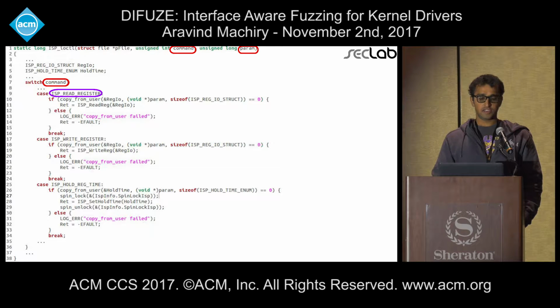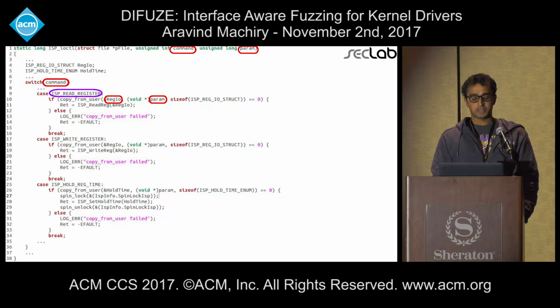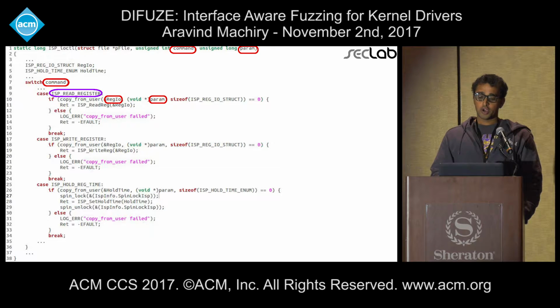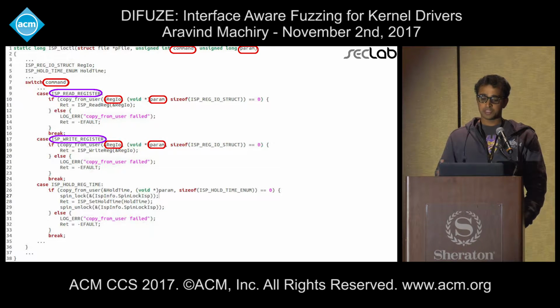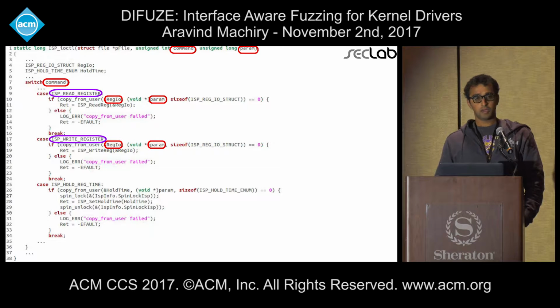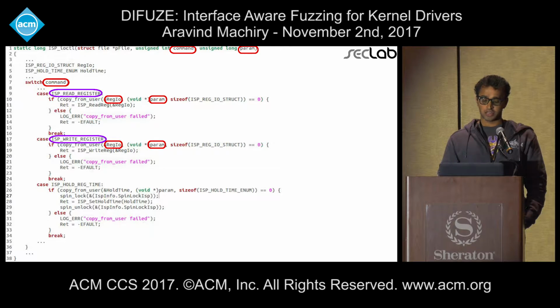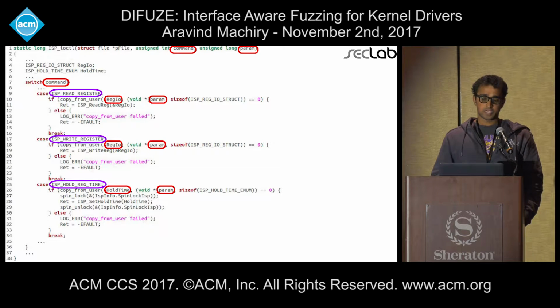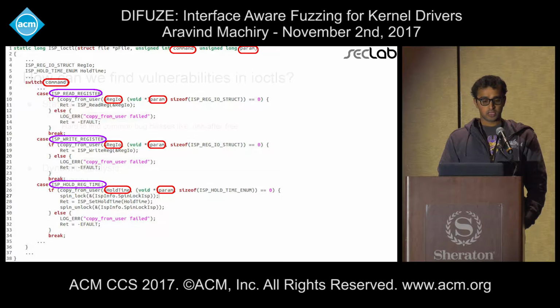If the check passes, it expects the param to be a pointer to user space memory, which points to a structure of ISP register IO struct. And copy_from_user is a method which copies the memory content from user space to kernel space. Similarly, if the command value is write register, it expects the param to be a pointer to a structure of a different type, and so on and so forth.